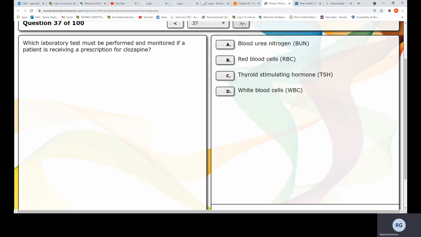Which of the laboratory tests must be performed and monitored if a patient is receiving a prescription for clozapine? This is more of a lab question. Thyroid stimulator. See?